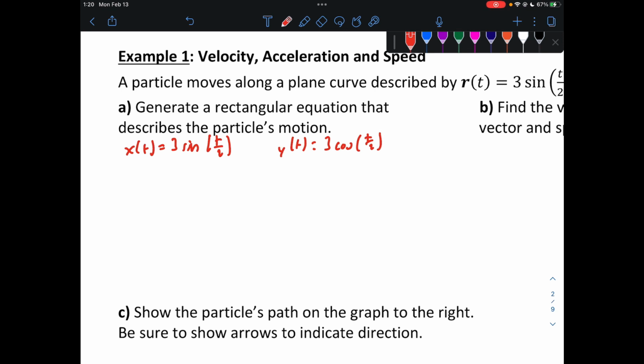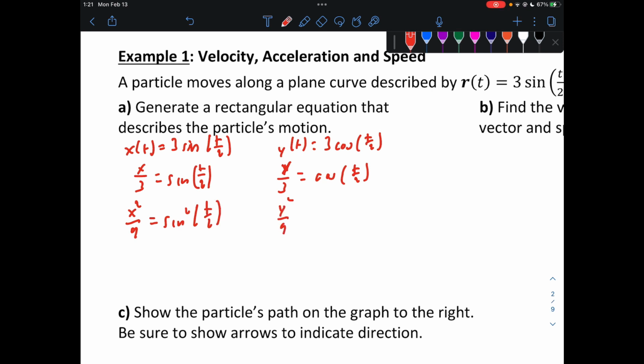Rearranging a little bit, we get x over 3 equals sine t over 2, and y over 3 equals cosine t over 2. If we square both sides, we get x squared over 9 equals sine squared t over 2, and y squared over 9 is cosine squared t over 2.